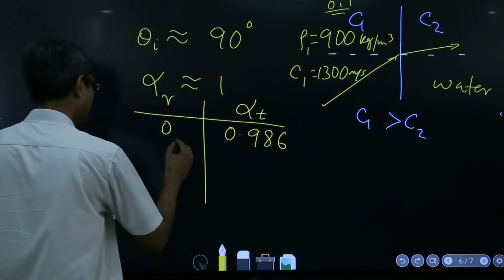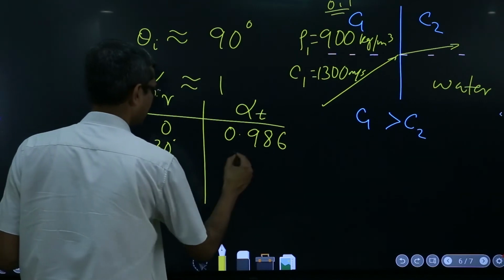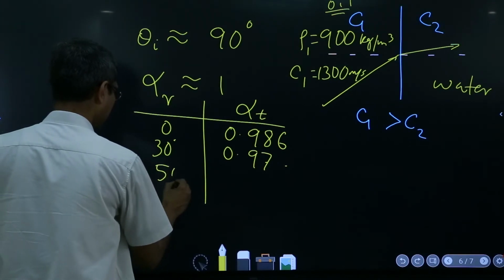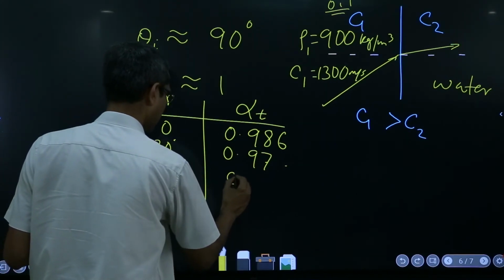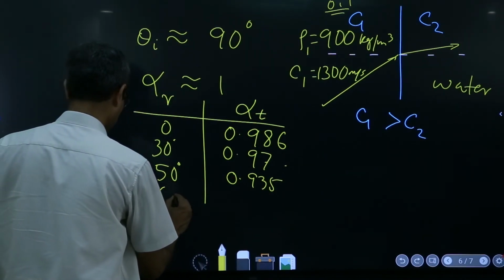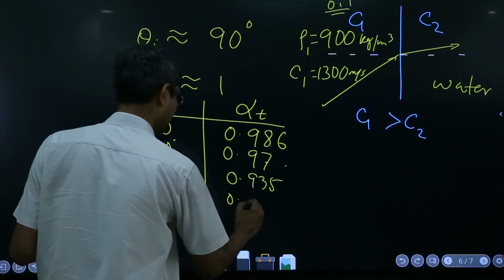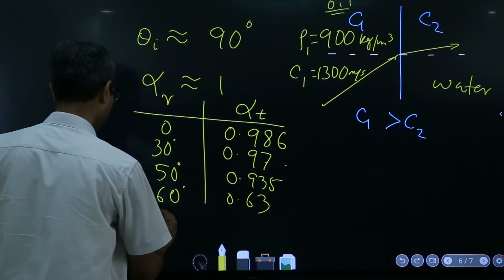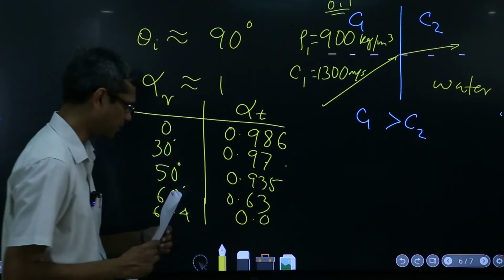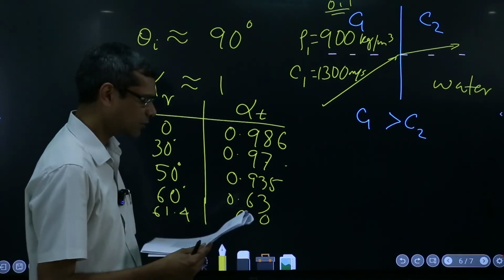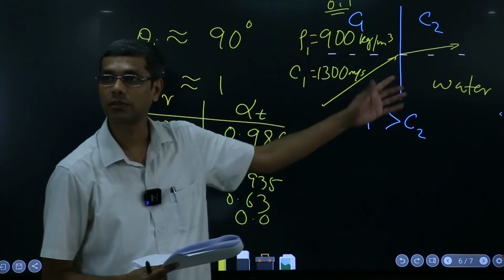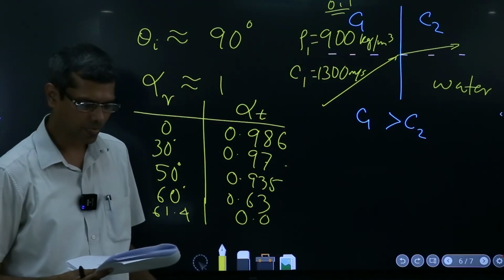At 30 degrees it's 0.97 something, and up to 50 degrees it stays around 0.935, but once it goes to 60 degrees it comes to 0.63, and at 61.4 degrees it becomes 0. So that's the type of thing that happens when you have these two kinds of liquids.